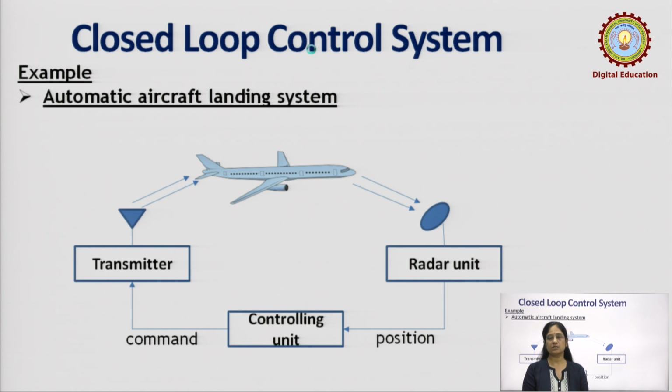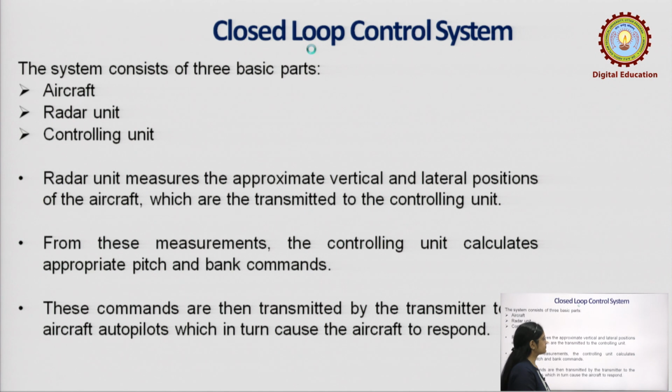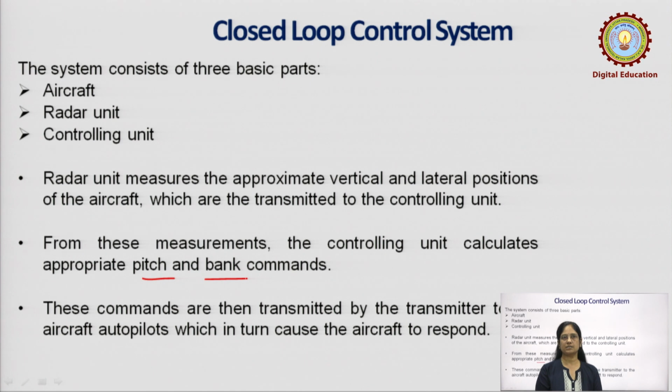In that case, definitely the vertical and horizontal position of the aircraft from the ground has to be sensed, and then the two major commands, that is the pitch and the bank commands, are calculated and sent back to the aircraft. Thus, these commands are transmitted by the transmitter to the aircraft to respond for the landing purpose.